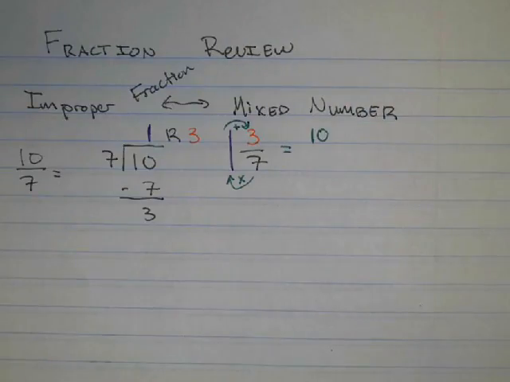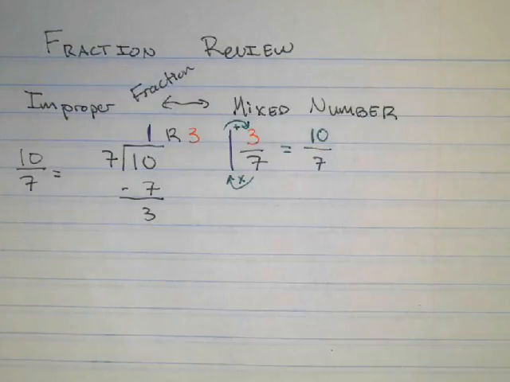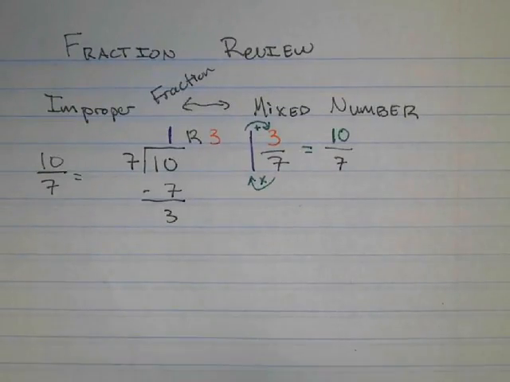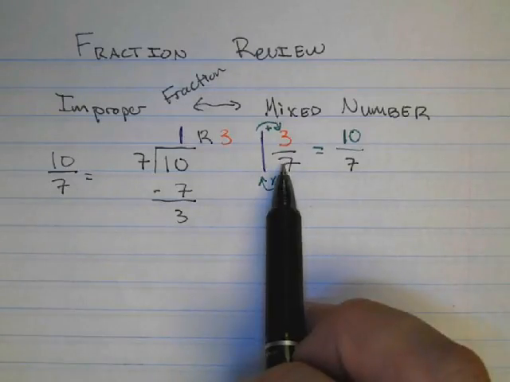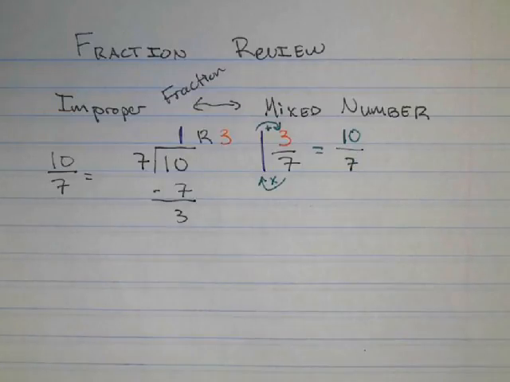And my denominator will stay the same. 10 over 7. So here is how we can turn an improper fraction into our mixed number, and then turn our mixed number back into an improper fraction.